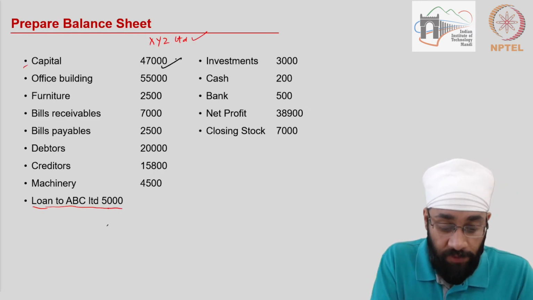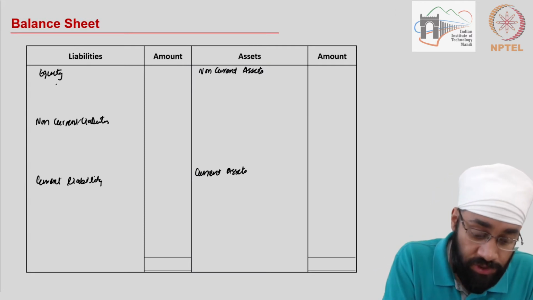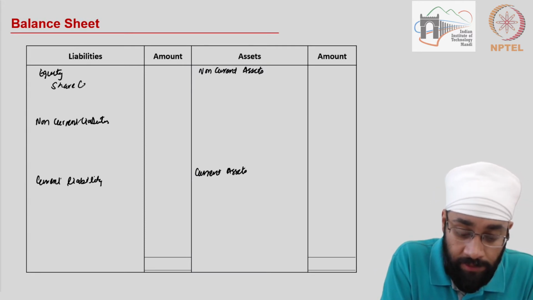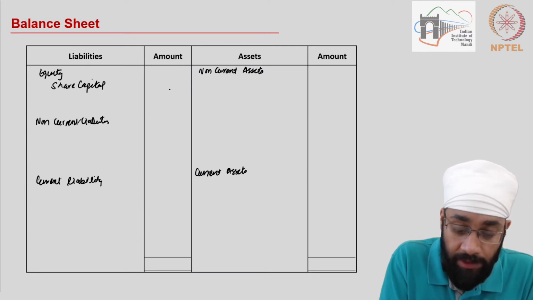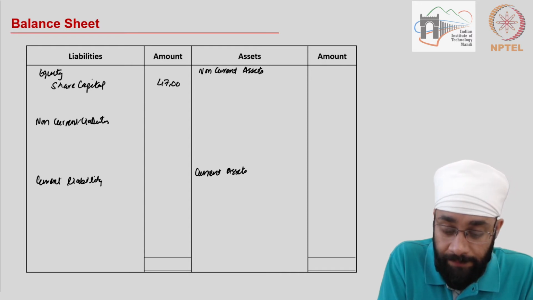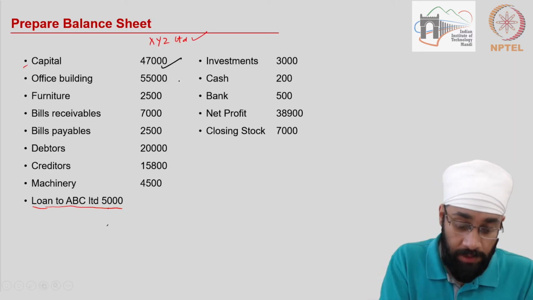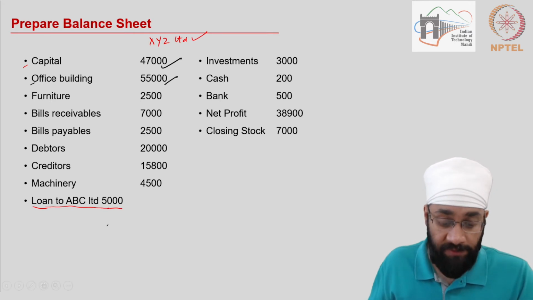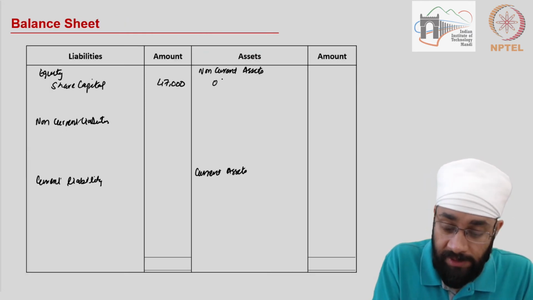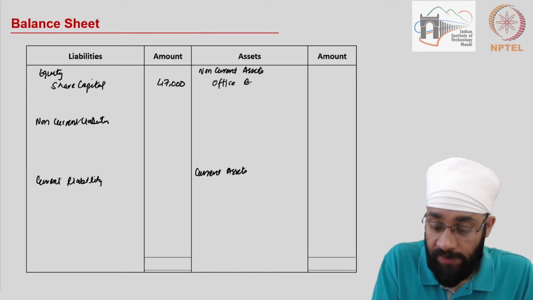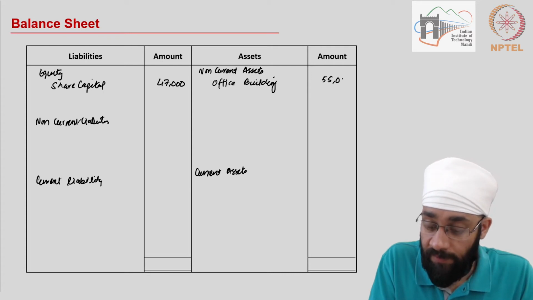So capital is 47,000, so we bring share capital here. Share capital 47,000. Office building is 55,000. This goes to non-current assets. Office building 55,000.